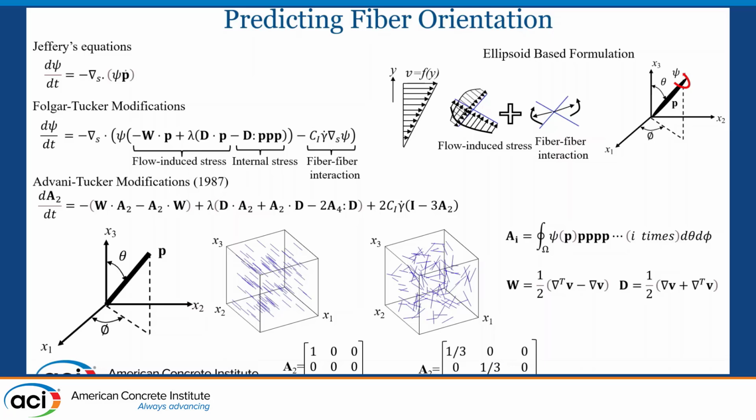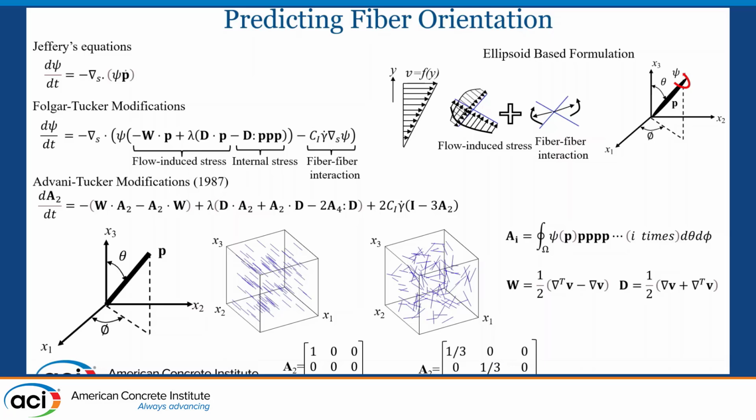Later, since explicit modeling of each fiber orientation is very challenging if you have a significant number of fibers in the domain, there were modifications to Jeffery's equation by Folgar-Tucker and then Advani-Tucker. Instead of tracking each fiber, we come up with the probabilistic state of fibers at different spatial locations.